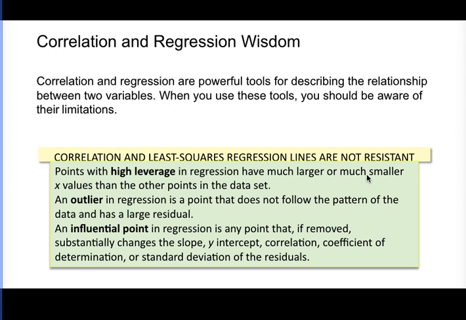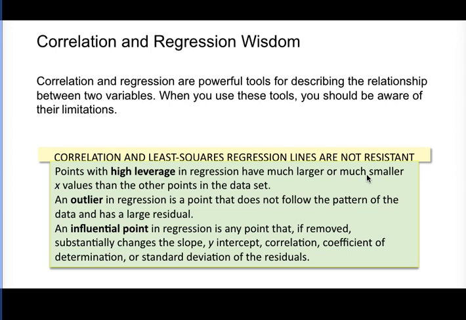High leverage is if it has a greater X. High leverage, larger X. An outlier, larger Y. High leverage, X. Outlier, Y. And based upon where they're located, both of these are called an influential point because that one point changes everything.